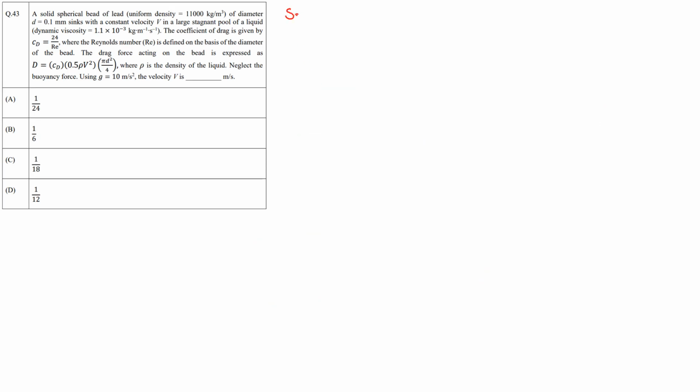So let's move on to the solution. Let's draw our schematic again. This is the fluid. This is our lead bead. This is the weight force, which will be given by mg, and then the bead will also experience this drag Fd and some buoyancy, given by Fb.